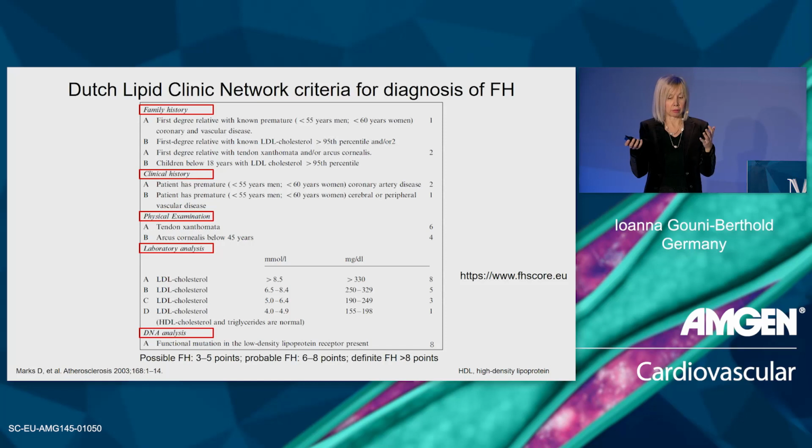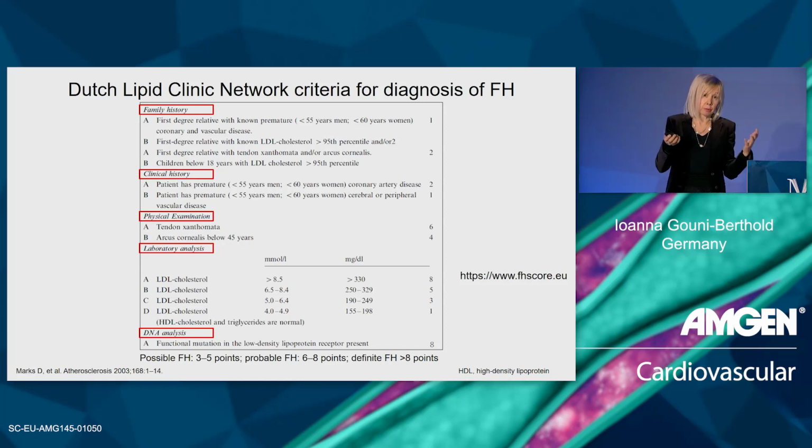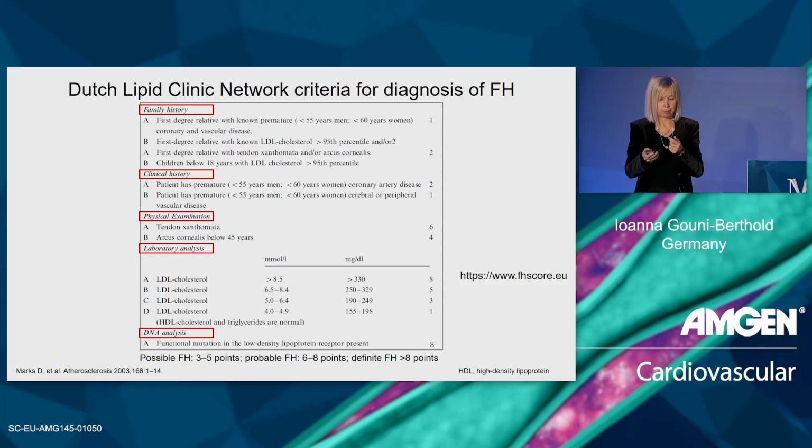If you really have, for example, a patient with an LDL of more than 330, he has FH. And of course, the ultimate thing, very much loved by many colleagues, just a DNA analysis, a mutation in one of these 3 genes, LDL receptor, ApoB, or PCSK9.